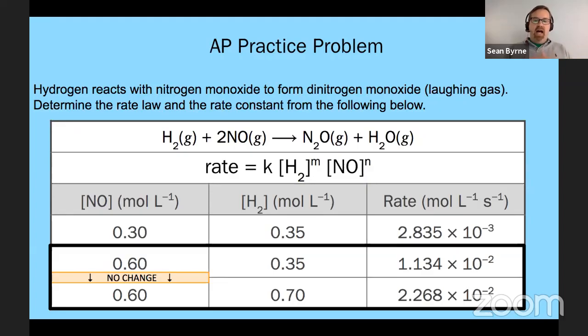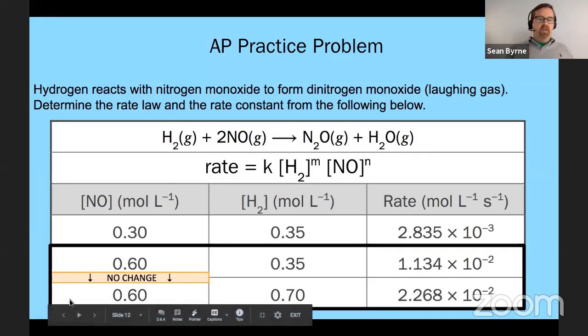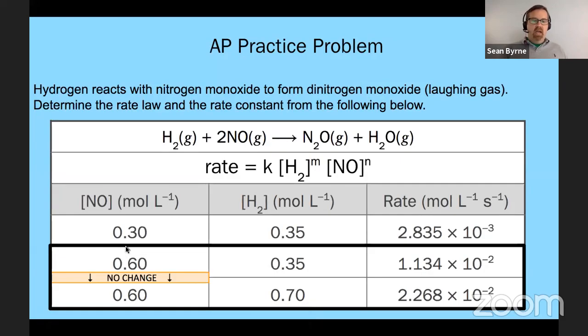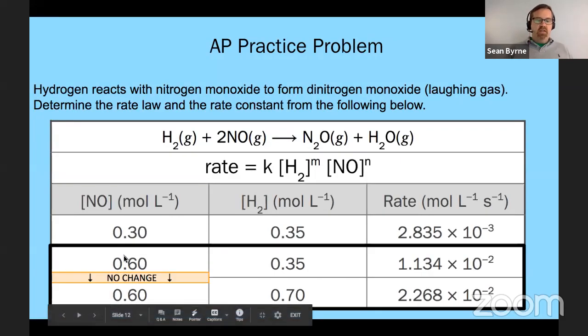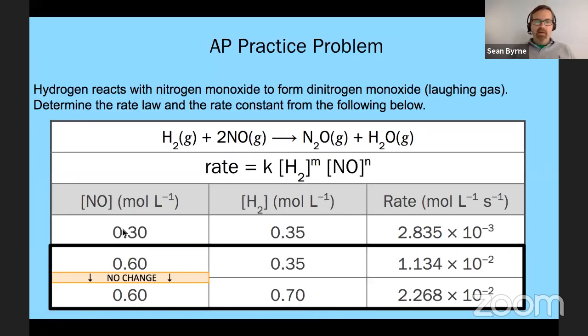Remember, each line of this data table represents a different set of data that were collected from a different experiment, right? So this experiment had 3 different trials, or at least 3 different setups. And so in between these 2 trials, there was no change in the nitrogen monoxide concentration.